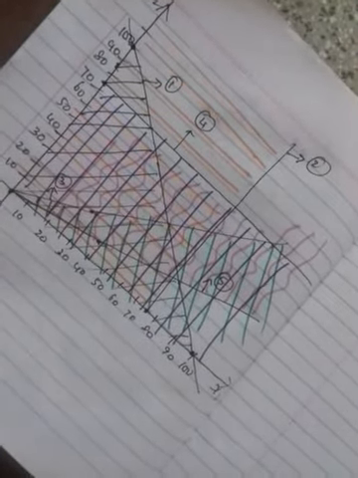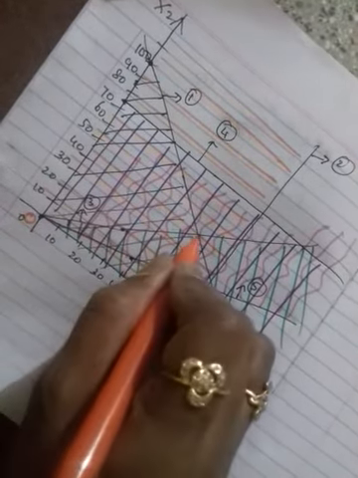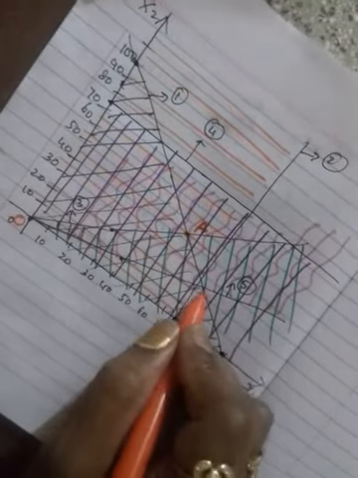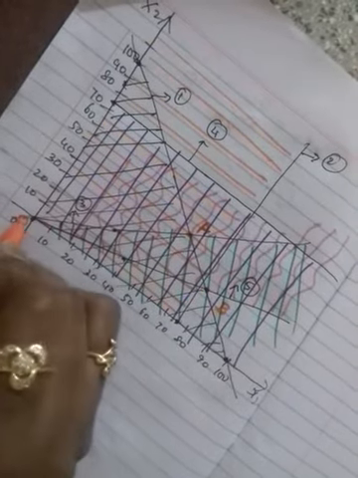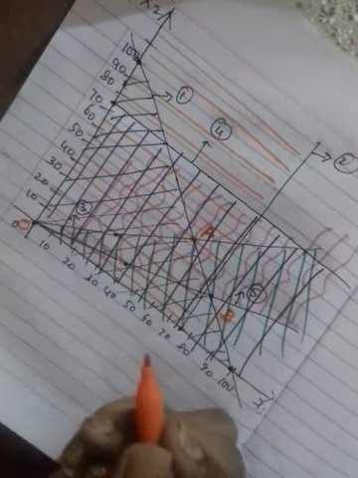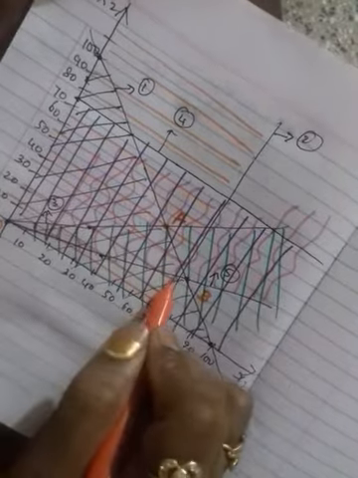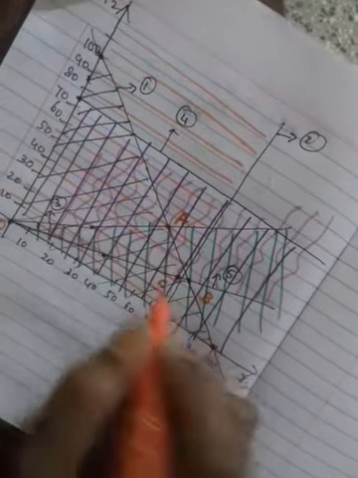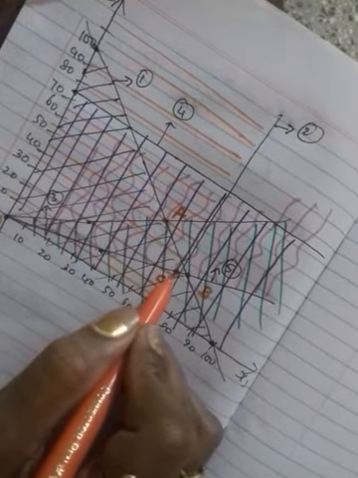So I am going to take this as O, this one A, and this one B, and that's it. One more point, C. O, A, B, C. Is it clear?